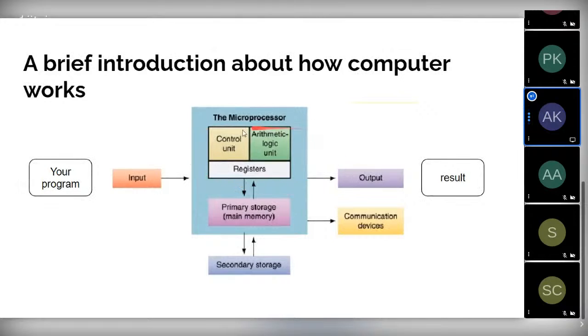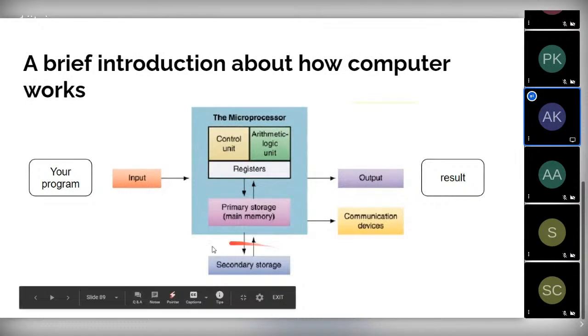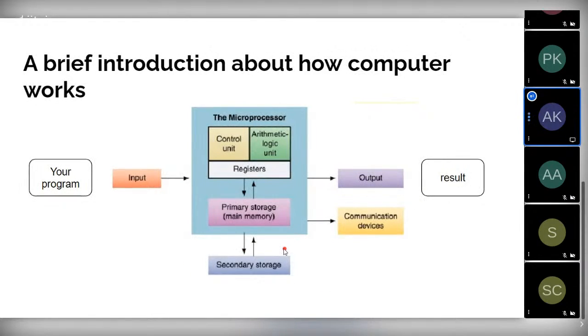So this microprocessor calculates some information and stores some intermediate result into the main memory, that is RAM, and then it writes that data into secondary storage. What is secondary storage? They are basically the hard drive. I told you that they are non-volatile memory.